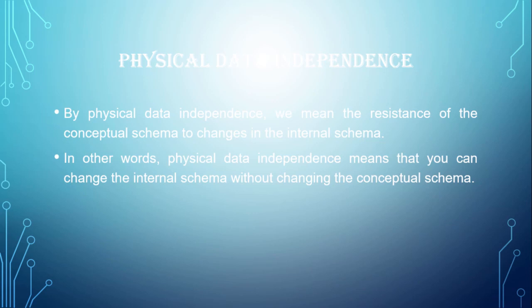Now, one thing more I would like to discuss is why data independence is needed. Conventional systems have a very low level of data independence. That is, even a small change of data structure requires that one has to make changes in several programs.